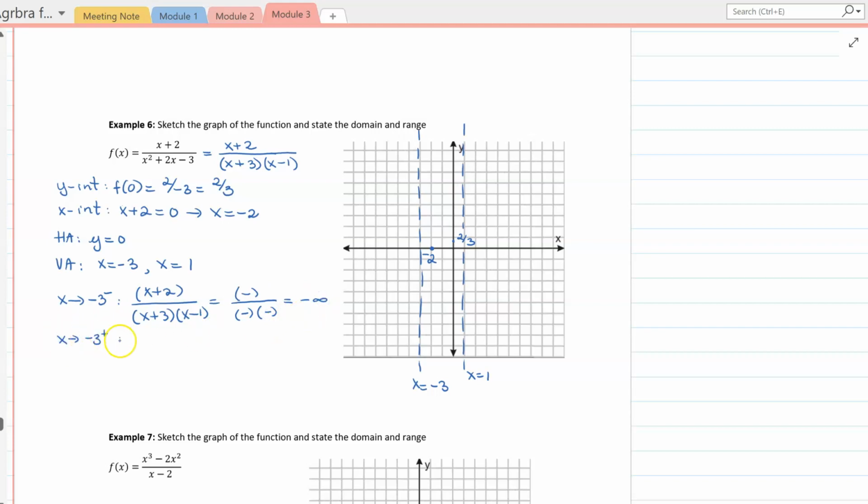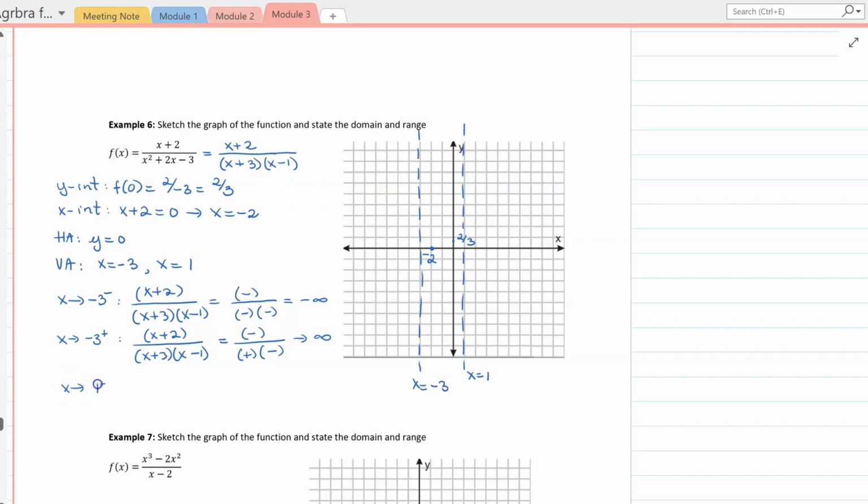Negative 3 from the right: x plus 2 is going to be negative, x plus 3 is going to be positive, and x minus 1 is going to be negative. So it's going to be positive infinity.